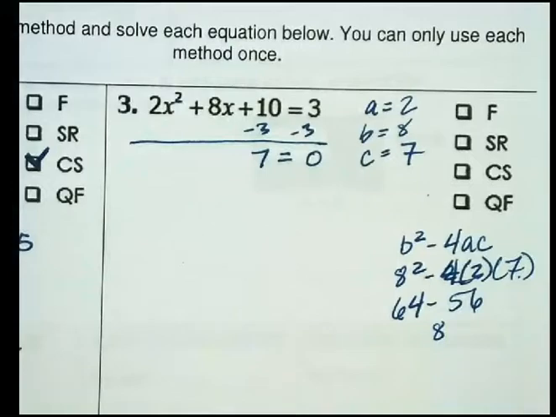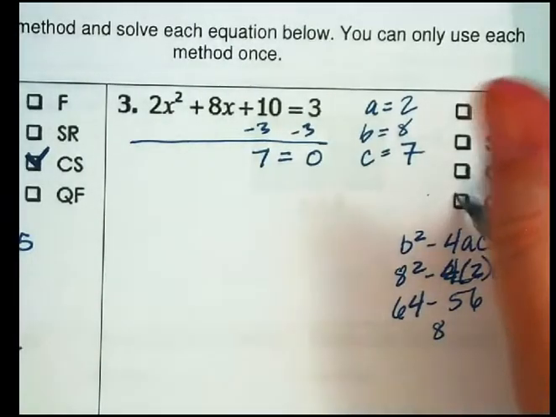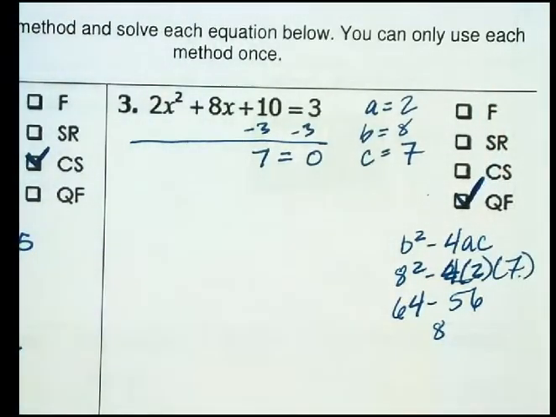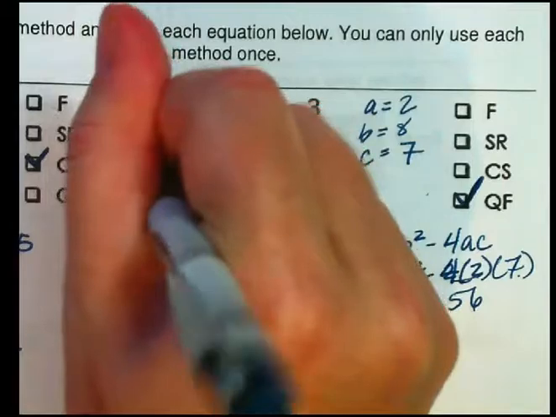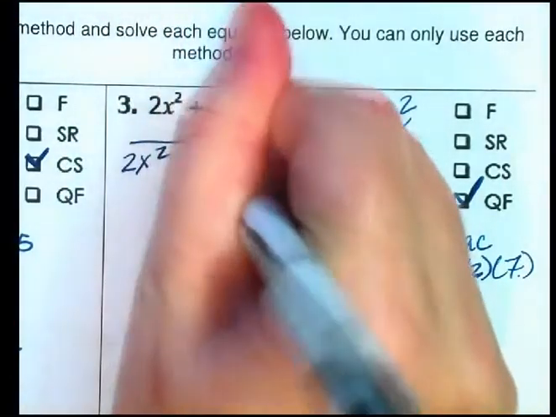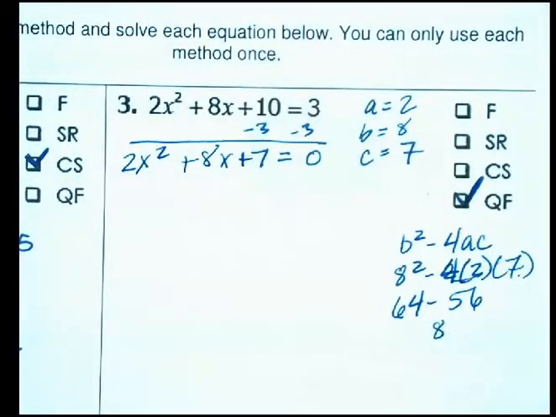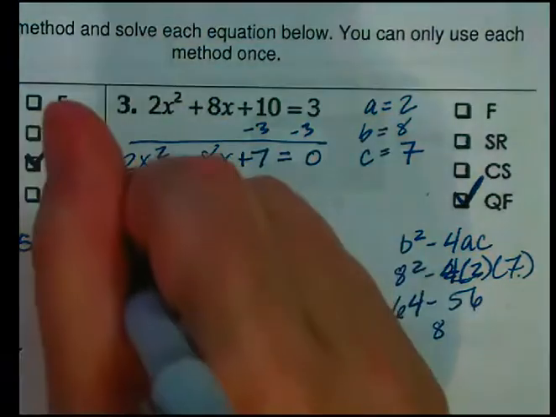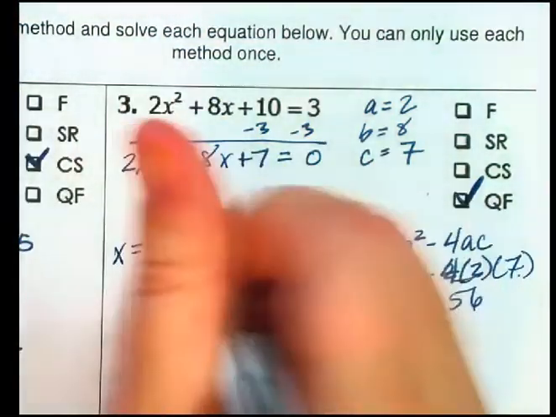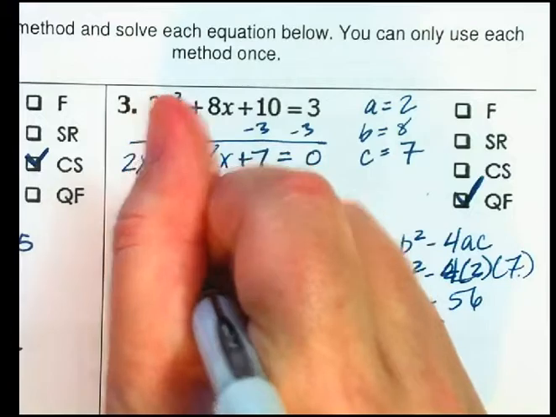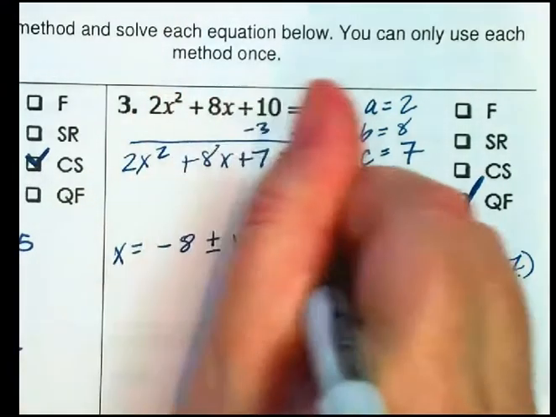Now let's go do my last one, which is going to end up being the quadratic formula. So we've kind of already done part of the quadratic formula. 2x squared plus 8x plus 7. Okay, so we've got x equals negative b plus or minus the square root.